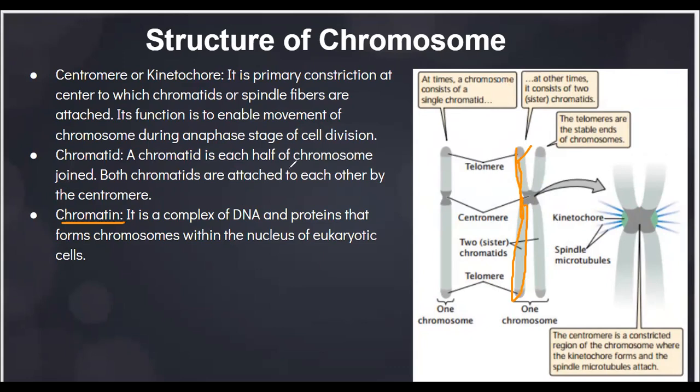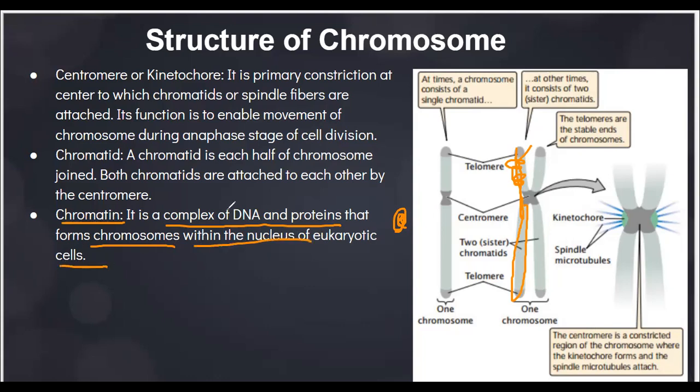When DNA is coiled and supercoiled together, a complex of DNA and proteins together, they form a chromosome. And the intermediate structure which will result in the formation of the sister chromatids, we call chromatin, within the nucleus of the eukaryotic cell.